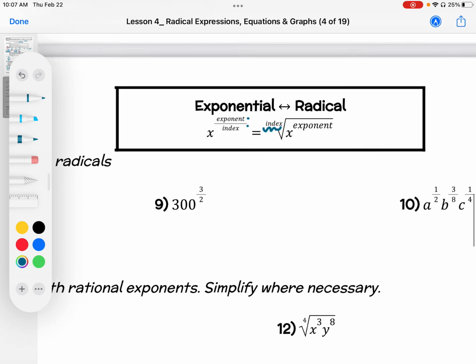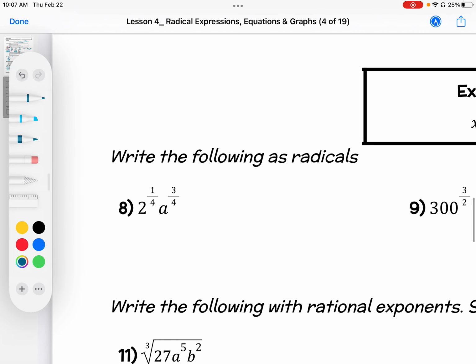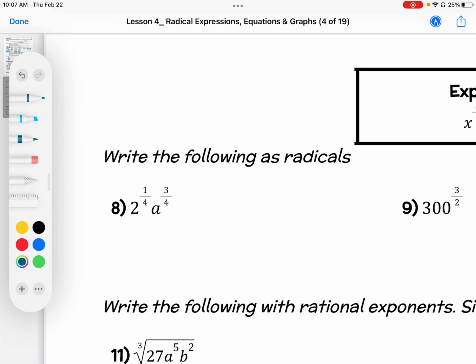So if we look at number 8, we're going to write these as radicals. So we have 4 as the bottom of both of them. So that means that we're going to have a 4th root. And then we just have 2 to the first power, which is just 2. And then we have a to the 3rd power.